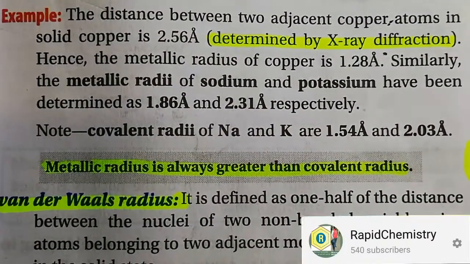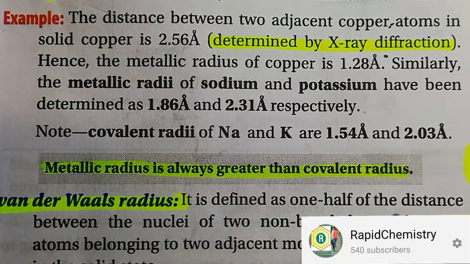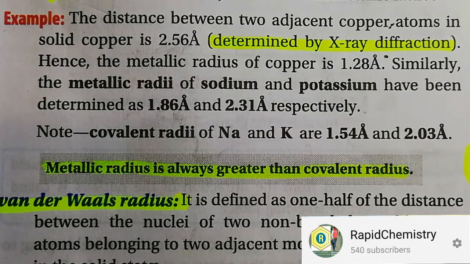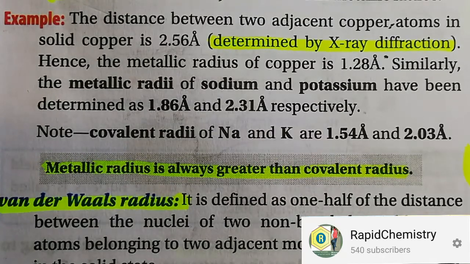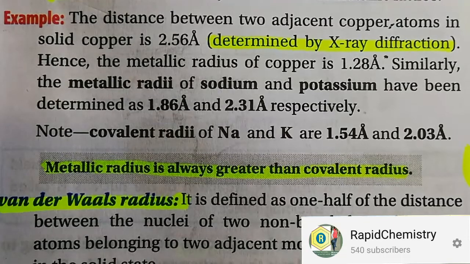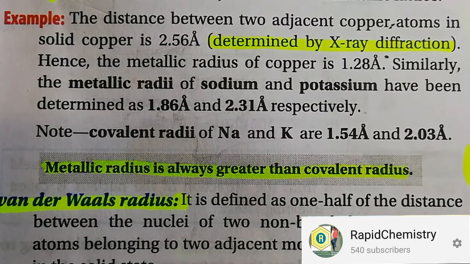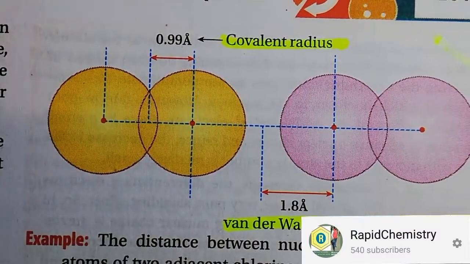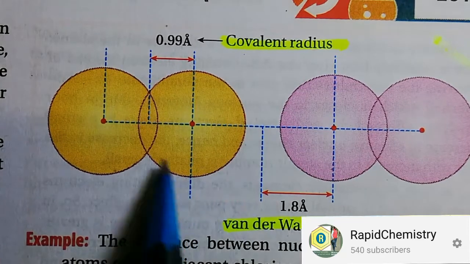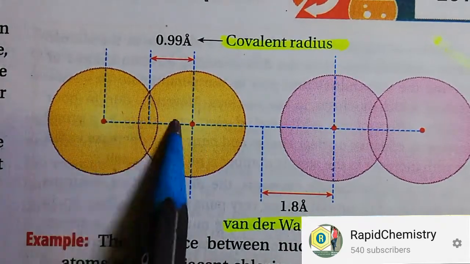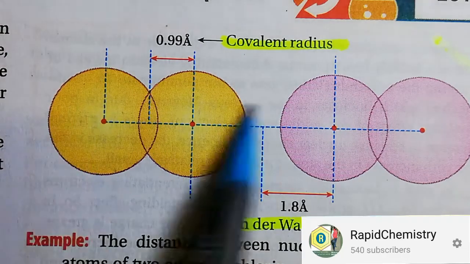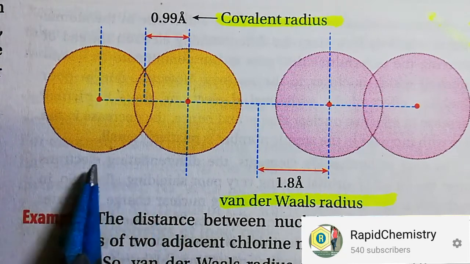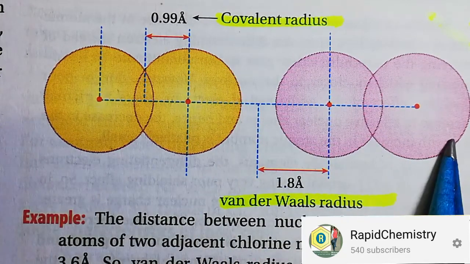Van der Waals radius is defined as 1/2 of the distance between the nuclei of two non-bonded neighboring atoms belonging to two adjacent molecules of an element in the solid state. That can best be understood by this figure. Two adjacent molecules are there, molecule 1 and molecule 2, and these are the atoms.